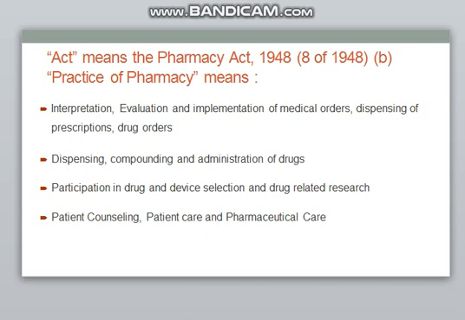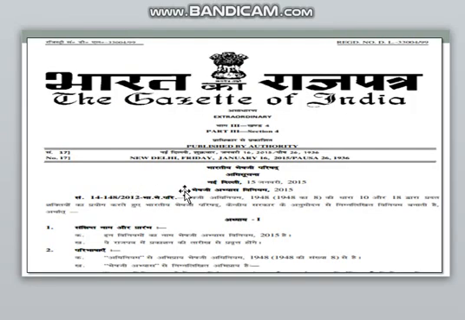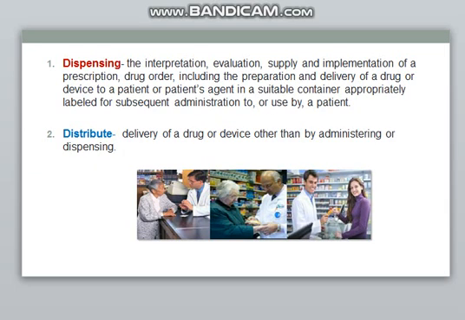This is pharmaceutical care, which is most important for the pharmacy practice person to take care of. This is the notification given by the government on January 16, 2015 for the pharmacy practice regulations. This is a screenshot of the notification.